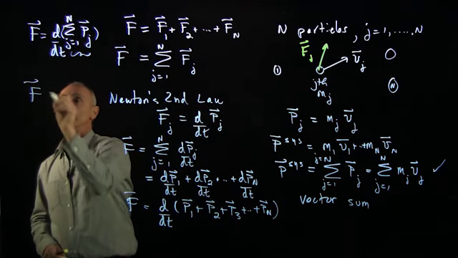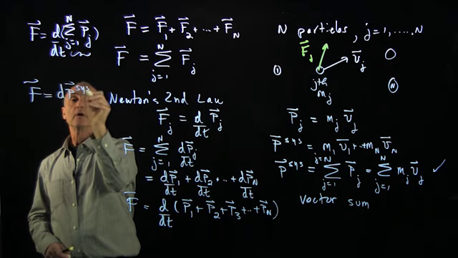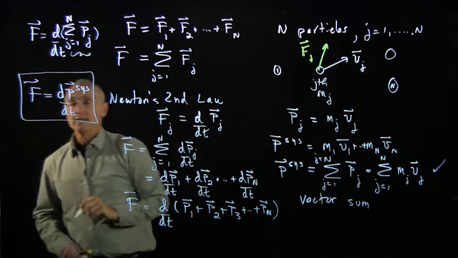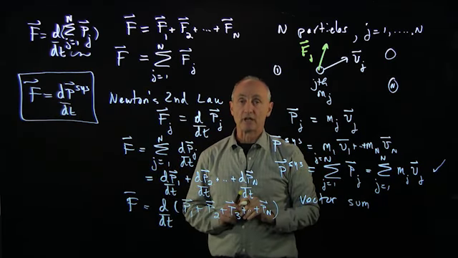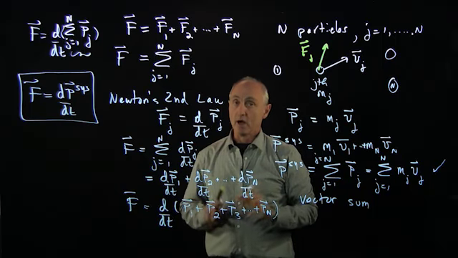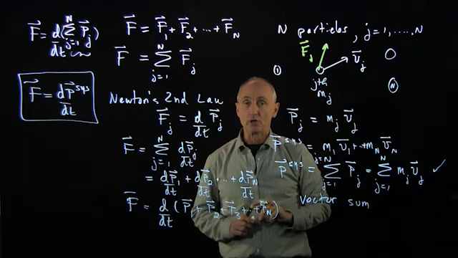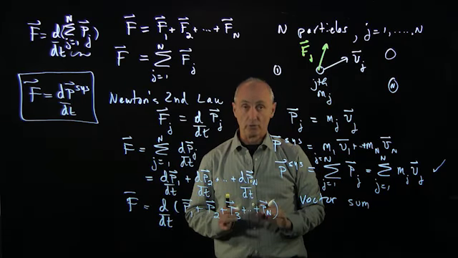So our conclusion is the total force causes the momentum of the system to change. Now, so far, all we've done is we've recast Newton's second law in this form. Our next step is to analyze the forces on the individual particles and apply Newton's third law. So we'll do that next.